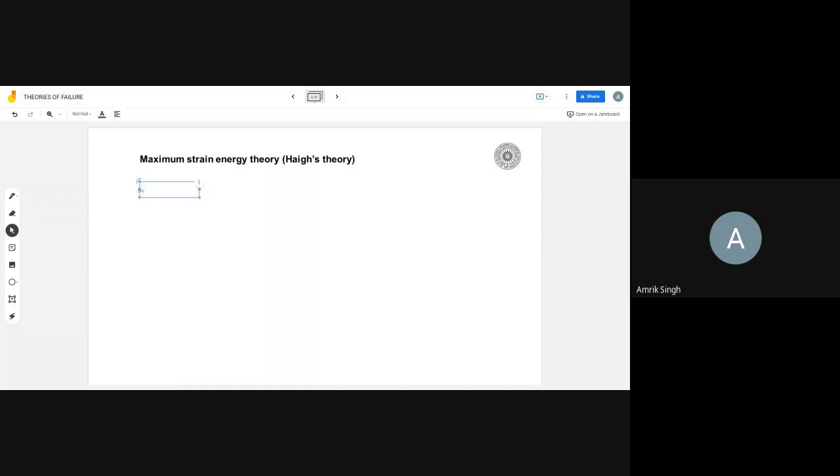So this theory says that for a body subjected to a complex stress system, failure occurs when the total strain energy per unit volume exceeds the total strain energy at the elastic limit.